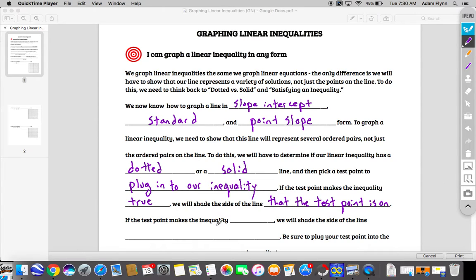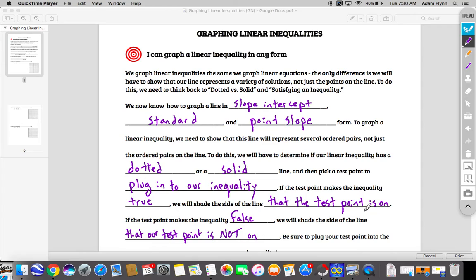If the test point makes the inequality false, we will shade the side of the line that our test point is not on.